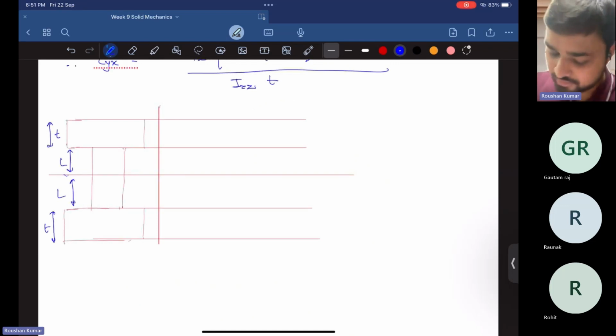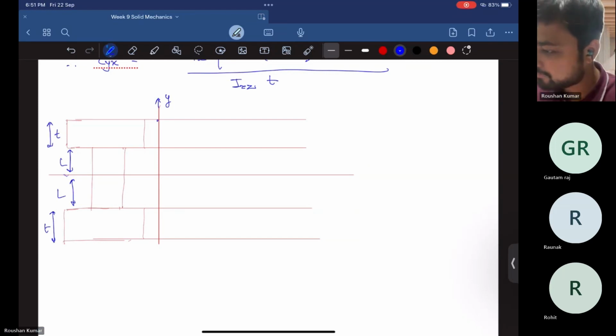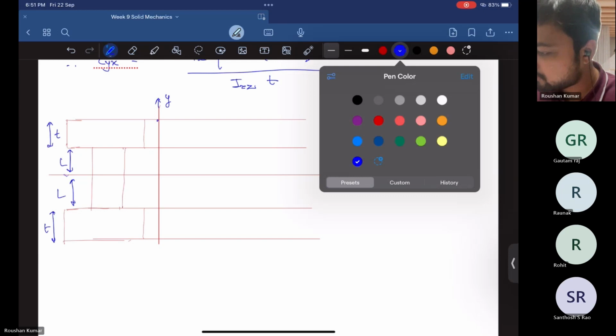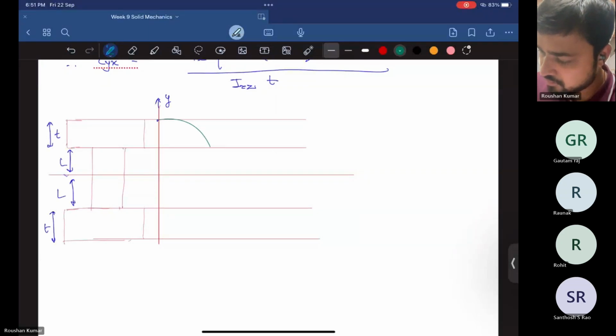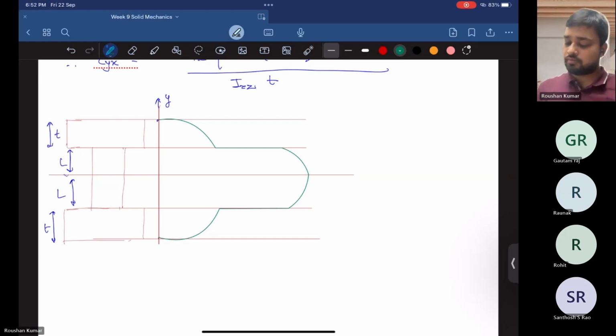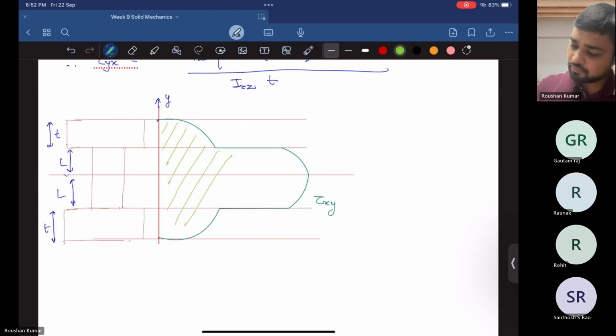So the variation of shear stress is given by this. So this is the variation of shear stress in the I cross section.